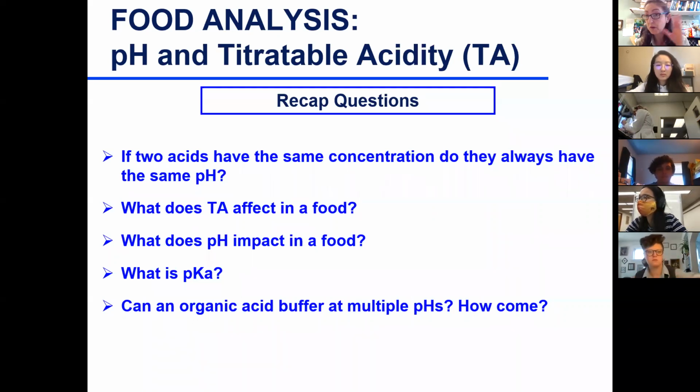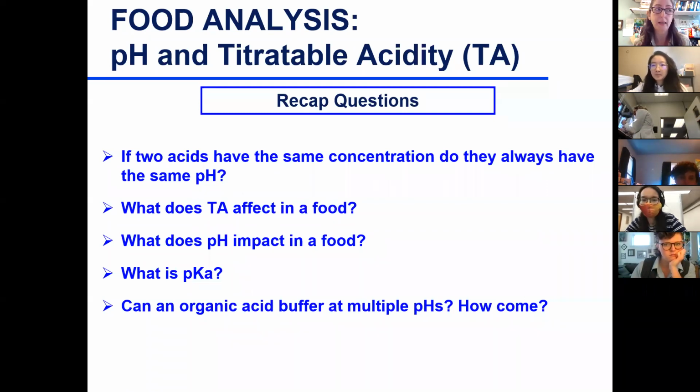So the pH is a measure of the active acidity, the hydronium ions. H+ in water gives you the hydronium ion, and that's what the pH measures. So it doesn't mean that at the same concentration you're going to get the same pH. They vary in their dissociation of their protons.